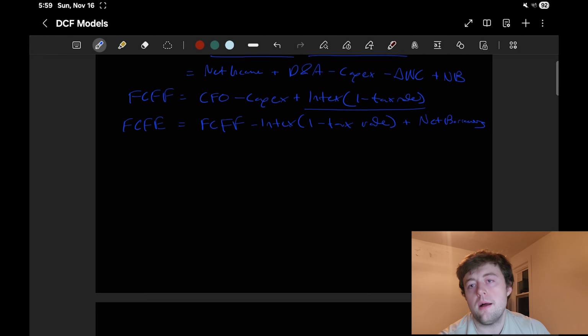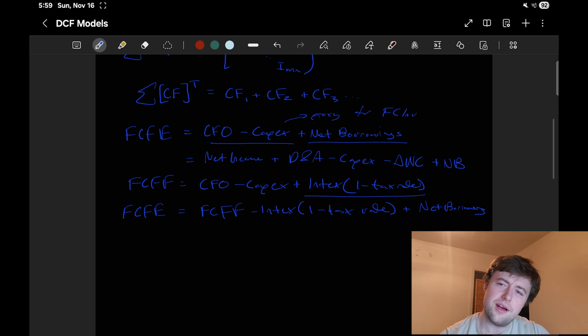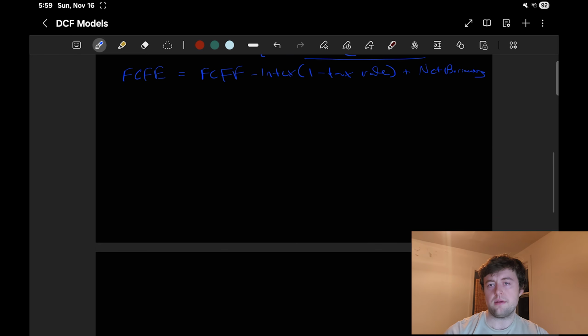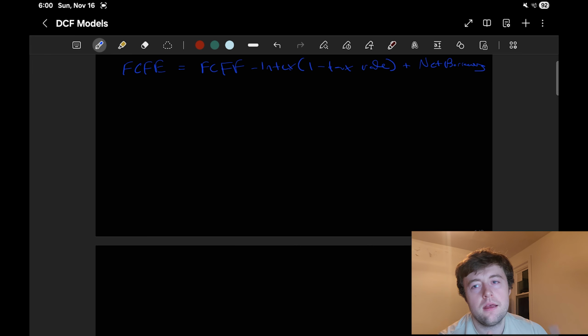Okay, now let's discuss calculating the discount rate, and then we'll also talk about some more generalized models for the DCF models as well. So let's start off with the discount rate. First, it's worth understanding, if we think about the concept of present value for a minute, why do we discount to the present? We discount to the present because there is an opportunity cost to investing your money in something versus something else.